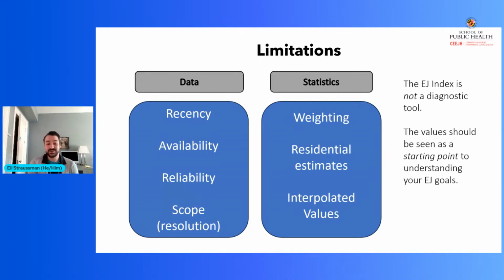And the other is scope resolution. Ideally, when you're talking about environmental justice, the closer you are to ground level observations, the more accurate you are.